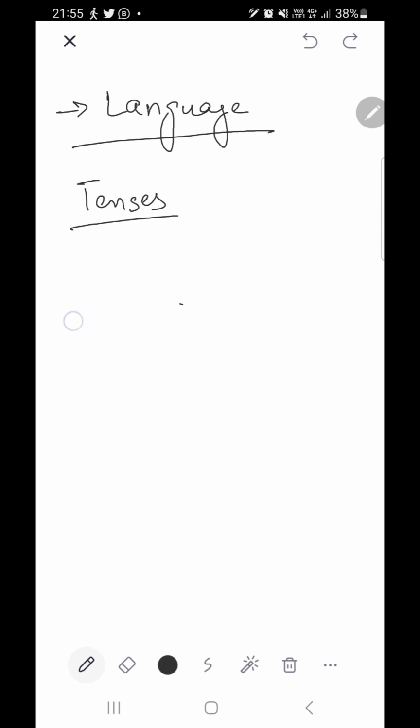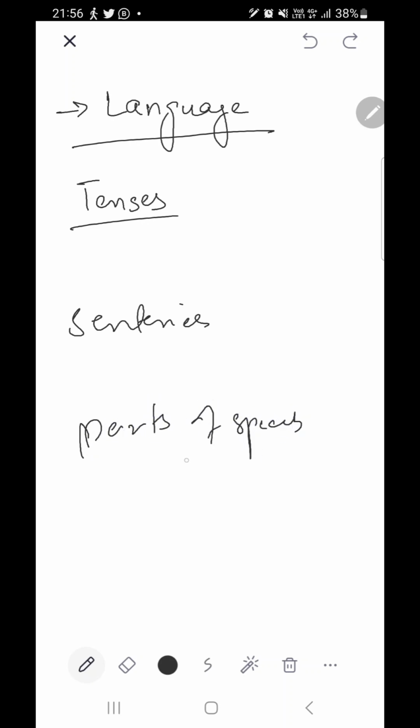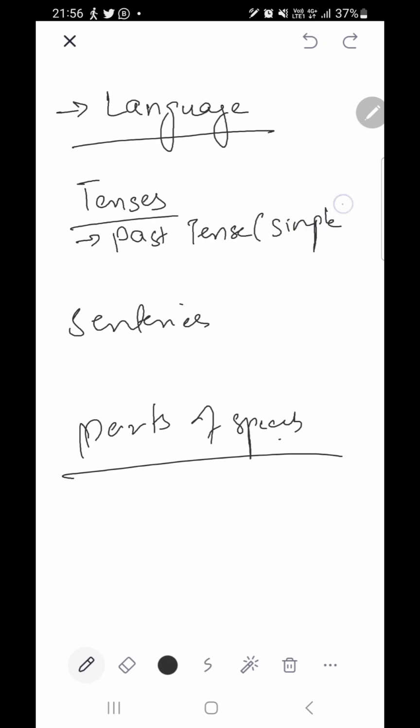The last part is the language. In the language part, we have tenses, we have sentences, and we have parts of speech. In the tenses part, you can see mostly we use past tense, maybe in the simple form, or maybe perfect tense, either past or present.